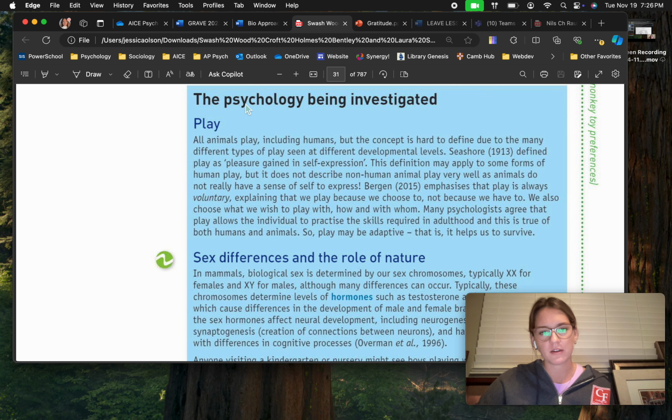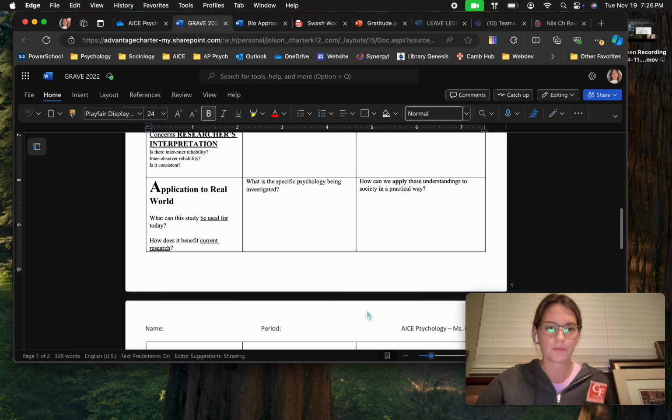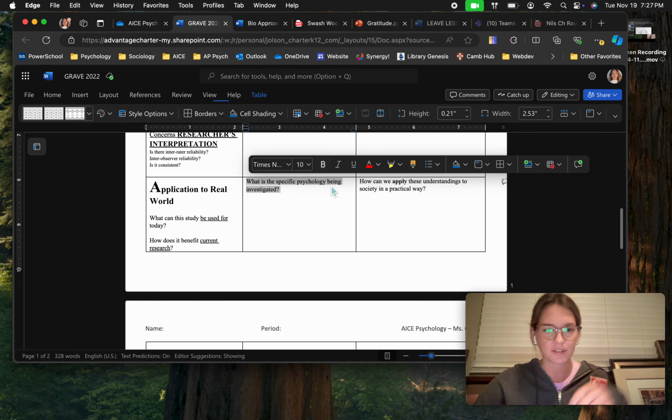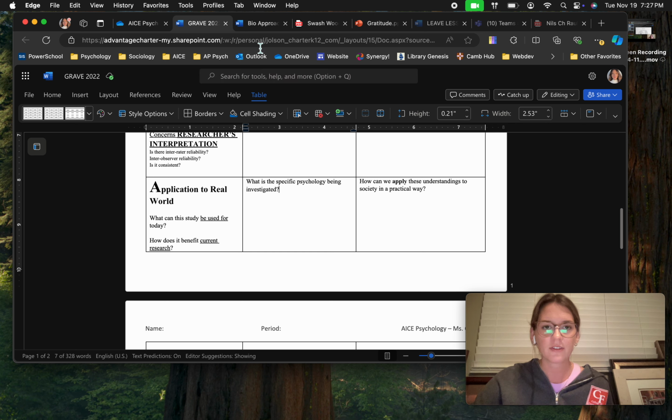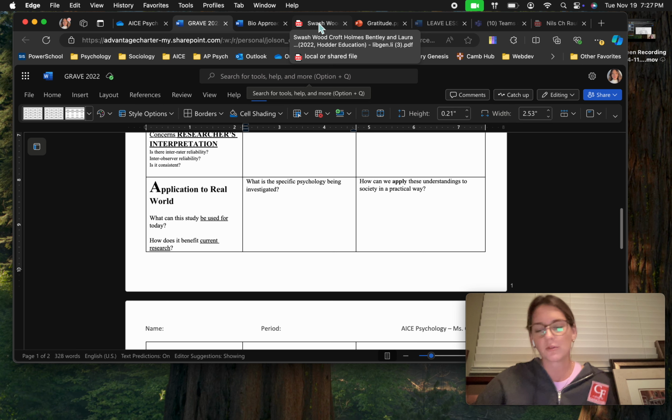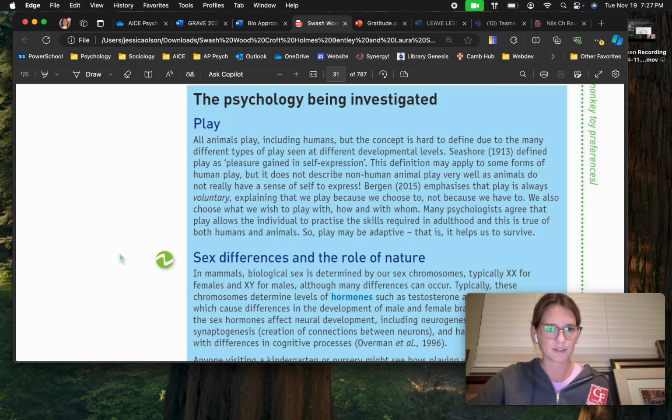So, by the way, in Gravé, the A, application in the real world, on the left-hand side where it says, what's the psychology being investigated? This is also in your outline in your packet too. The psychology being investigated is, what are they studying? What is the idea that they are trying to study?